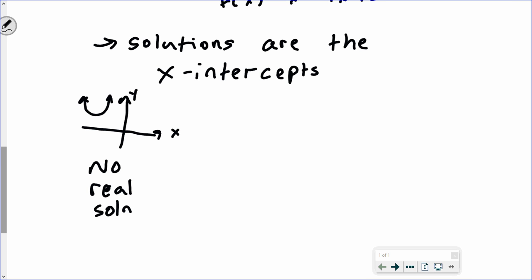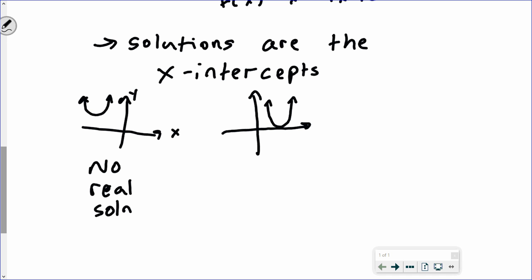We also had quadratic functions, graphs that only had one real solution.